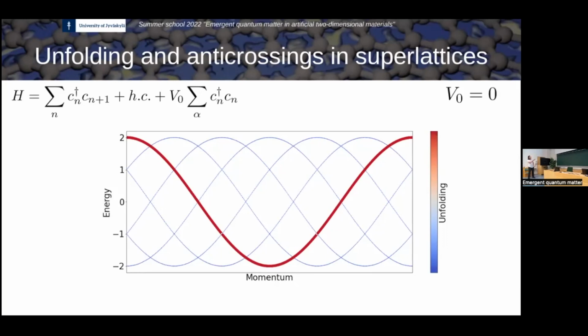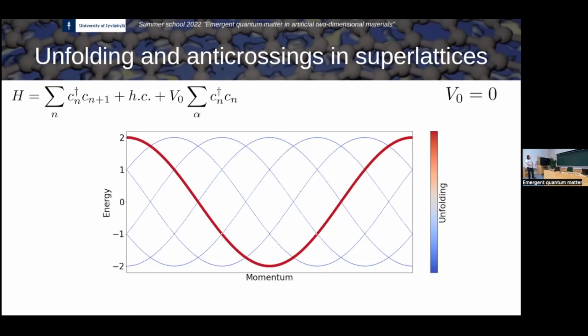And now let me emphasize that one can systematically know which is the band that you have to take, or what is the spectral weight of each eigenstate of the band that you want to take, using this unfolding procedure. So this unfolding procedure is not just you picking by hand the band on the band structure, but it's actually a well-defined mathematical procedure in terms of spectral functions.